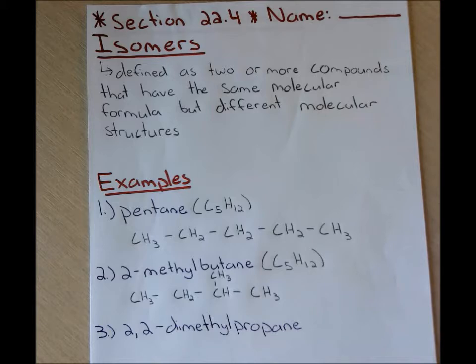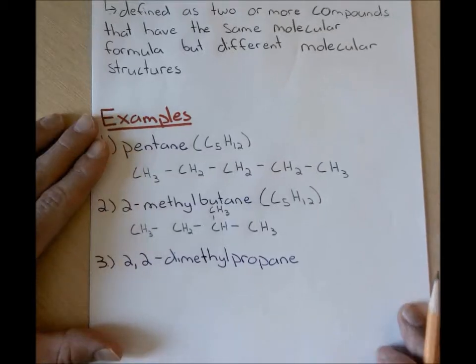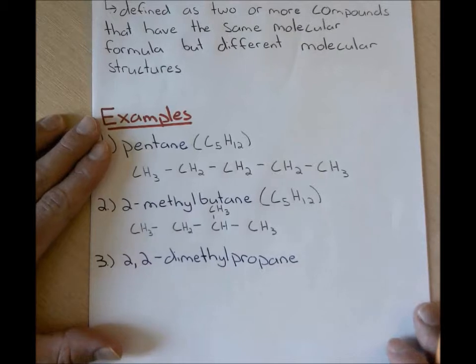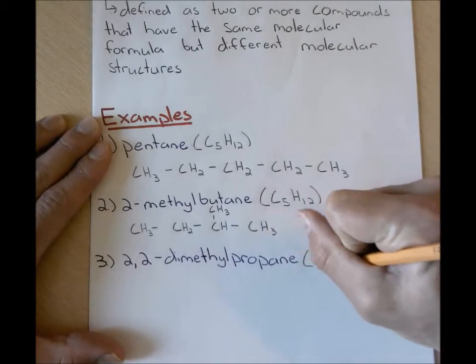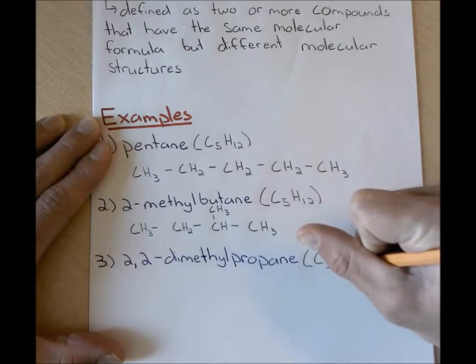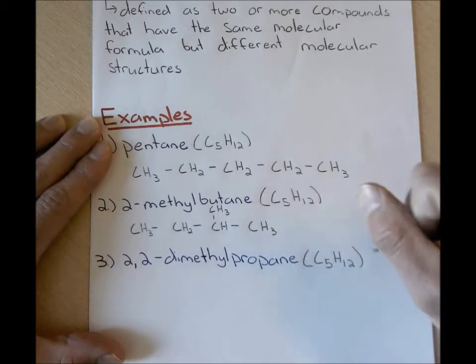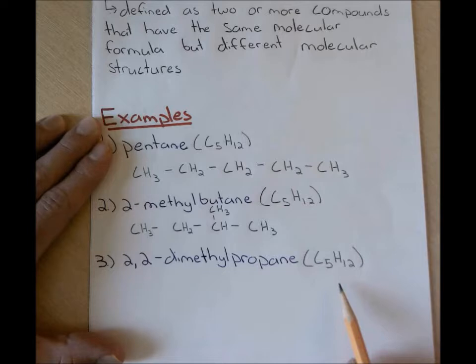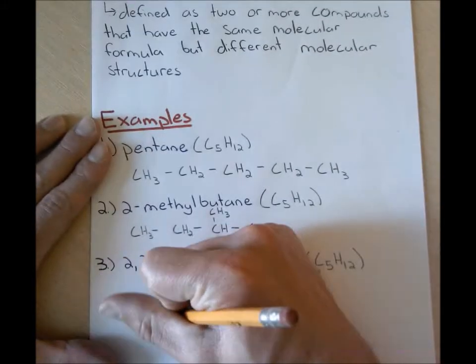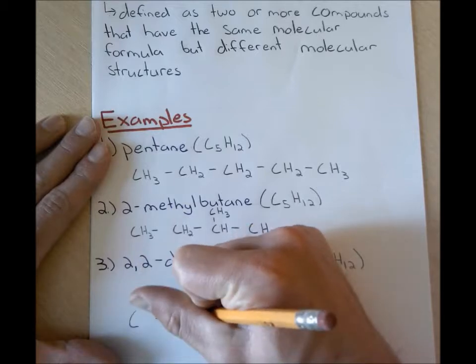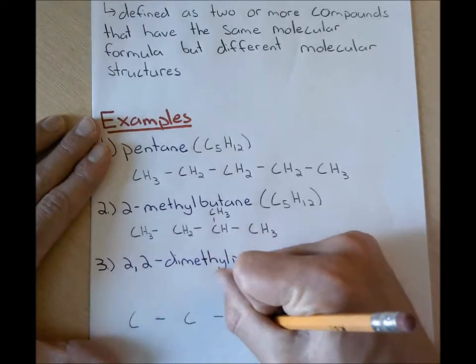Now we get down to 2,2-dimethylpropane. Because it's an isomer of our first structure, it has the same molecular formula, C5H12. Propane is 3 carbons connected together, so I'm going to draw 3 carbons connected in this fashion.